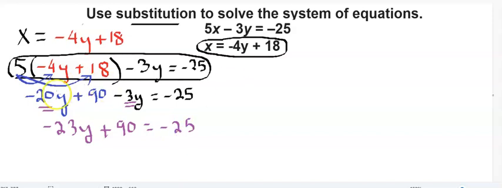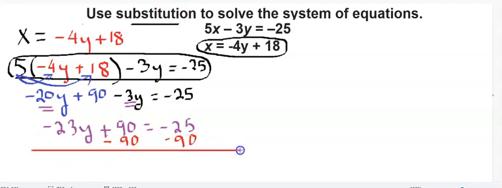Now the next step is using inverse operation to get rid of this 90 so you can get the negative 23y alone. To do that, you subtract 90. This is where you use inverse operation.